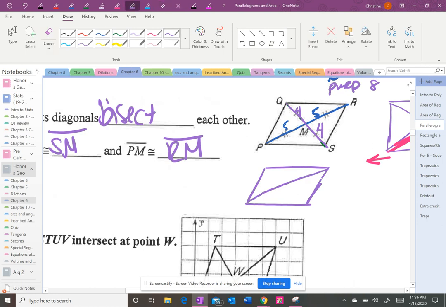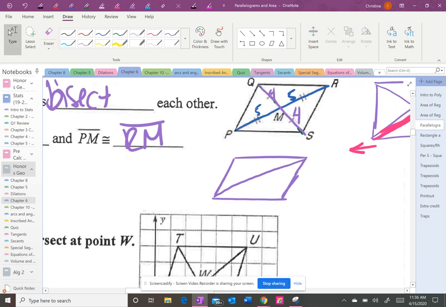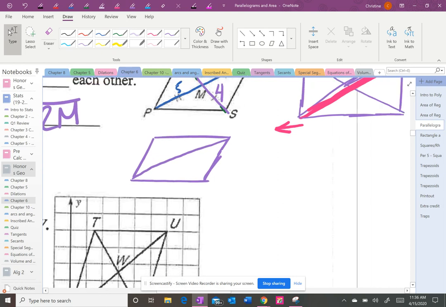They do not. Let me just say that one more time. They do not. Since these are parallel to each other, this angle and this angle are congruent. This angle and this angle are congruent, and then this angle and this angle are congruent.